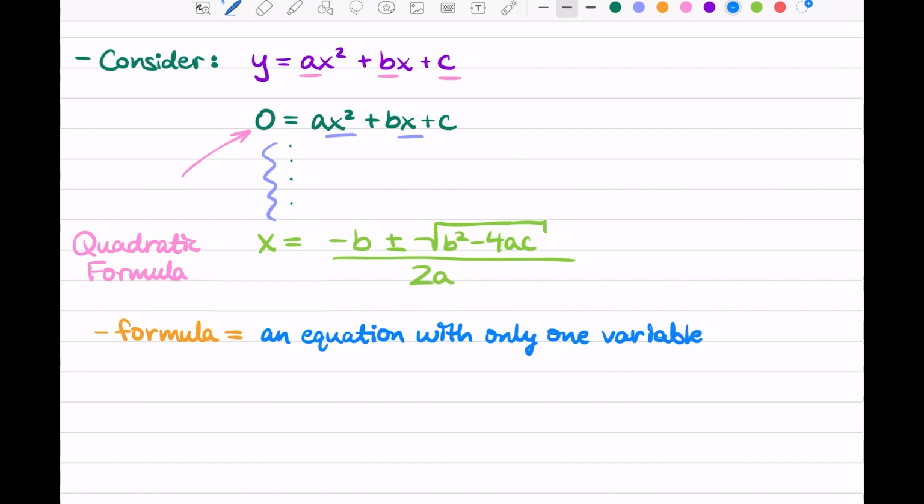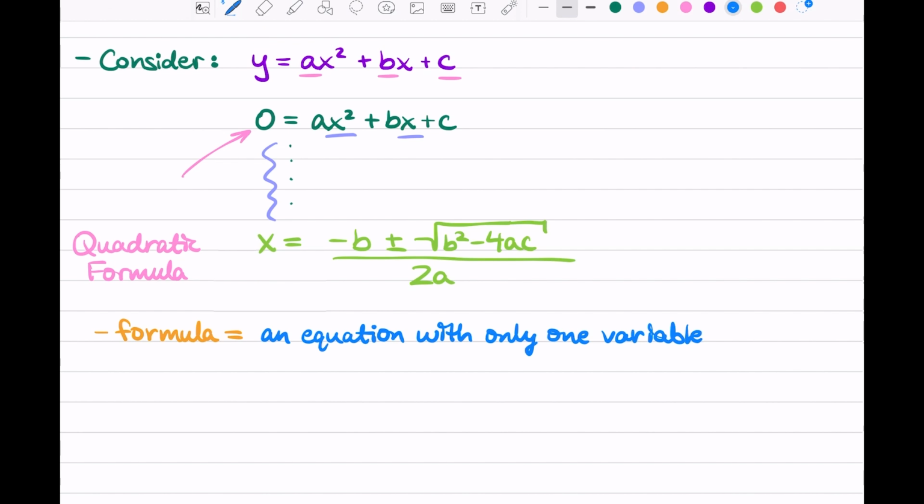So using our definition of an equation, where something equals something else, you could say that we have an equation up here and an equation down here. In both cases, something equals something else. However, in our first case, we have two variables. And in our second case, we just have one variable. So a formula is just a specific type of equation where we just have one variable.